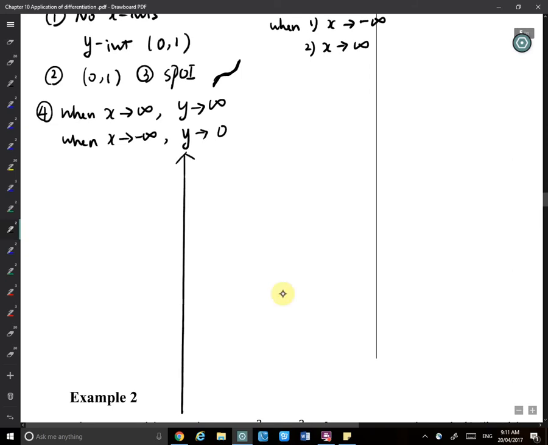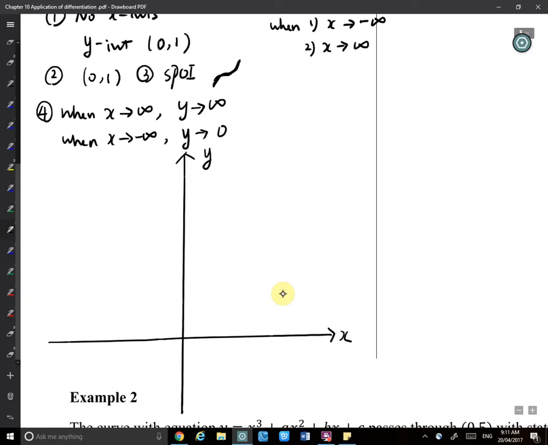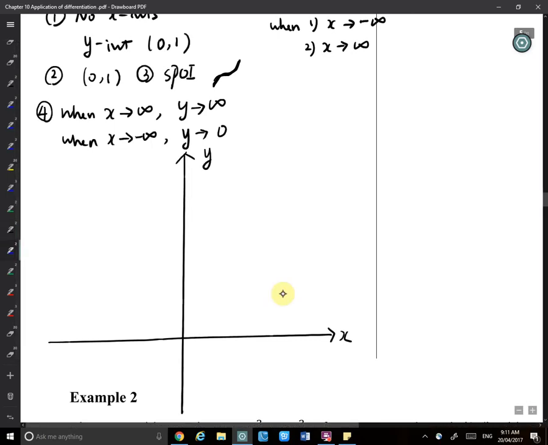When y approaches 0, it means you will have an asymptote at y equals 0, right? So you have an asymptote here. And you have (0, 1). Let's say (0, 1) is here. It's too high.